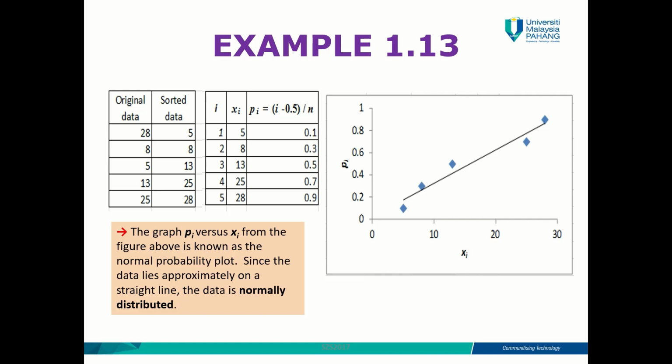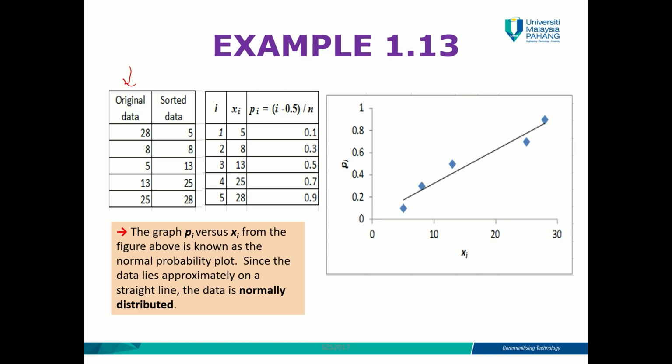Let's try to do this example. Example 1.13. First, we have the original data. Then, please remember the steps to plot the normal probability plot.